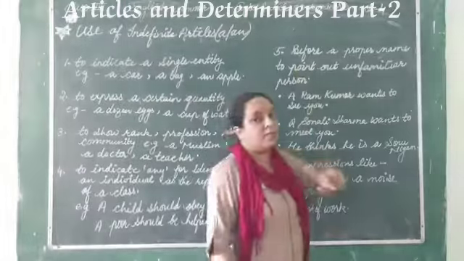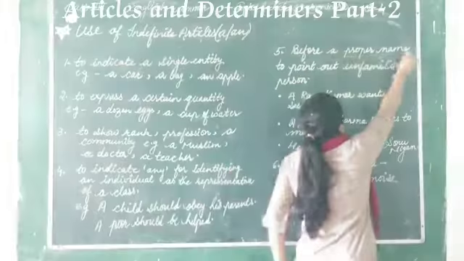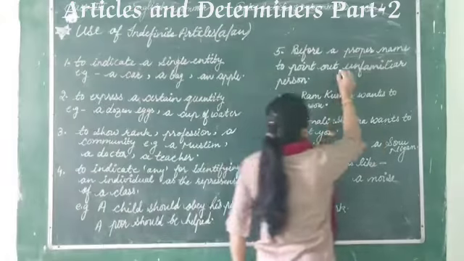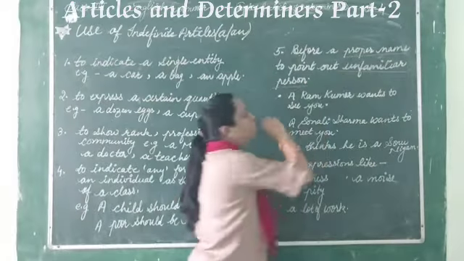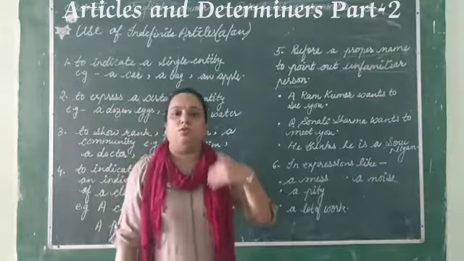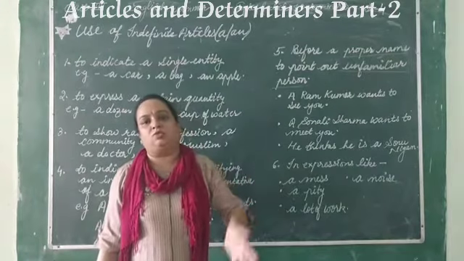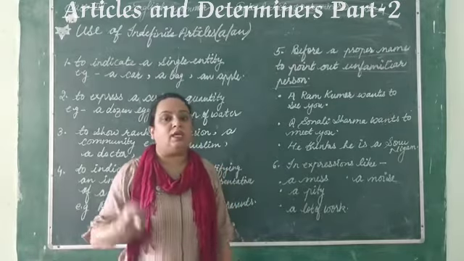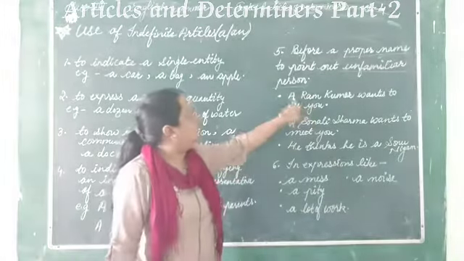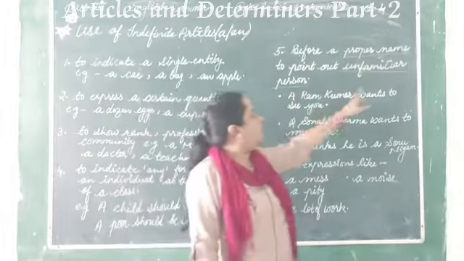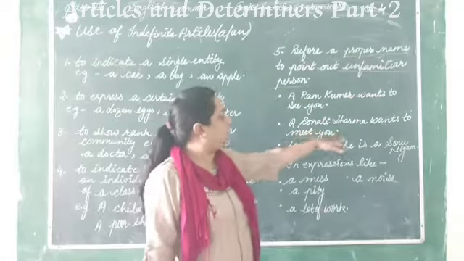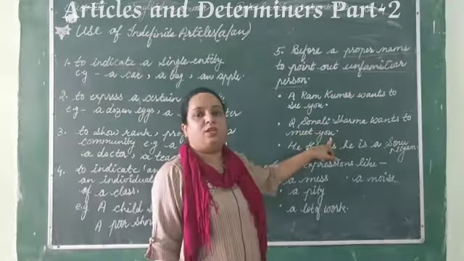Here please keep in mind I am talking about proper name, right? And when the person is unfamiliar to you. Clear? And you want to tell that message to someone कि कोई इस नाम का आदमी आपसे मिलना है, तो वो कोई changed into what? A. For example, a Ram Kumar wants to meet you. A Sonali Sharma wants to meet you.